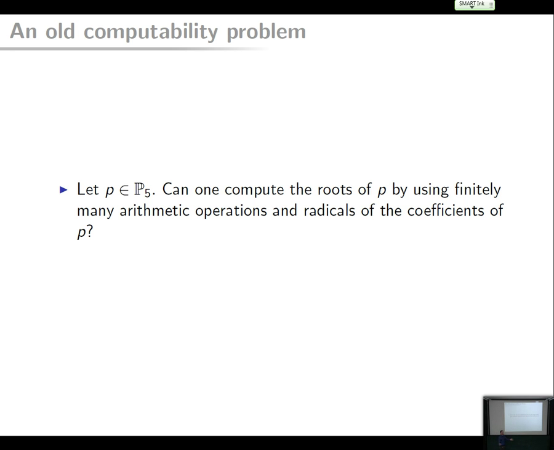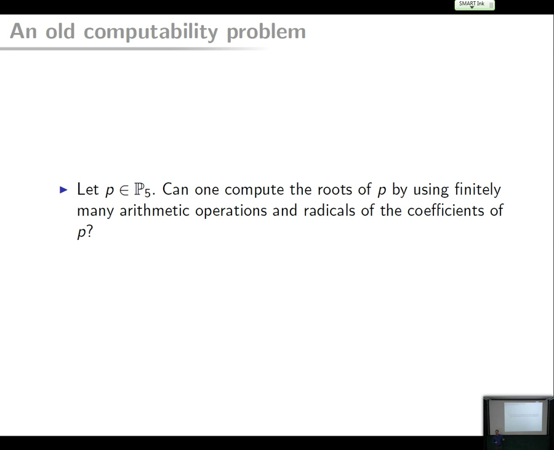You all know this, right? What I want to emphasize is that this is the computability problem. I have a very well-defined problem. I can see the polynomial coefficients. Asking that I can compute the zeros of this polynomial by using finitely many arithmetic operations and radicals: no, I can't do that.